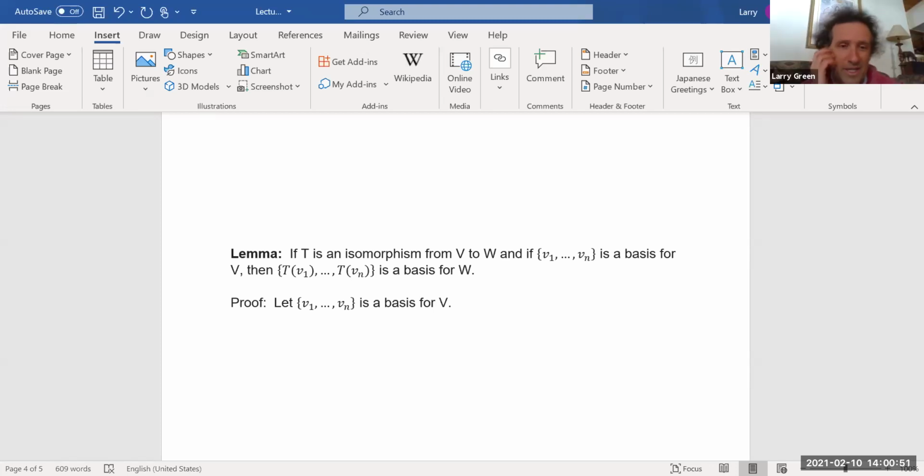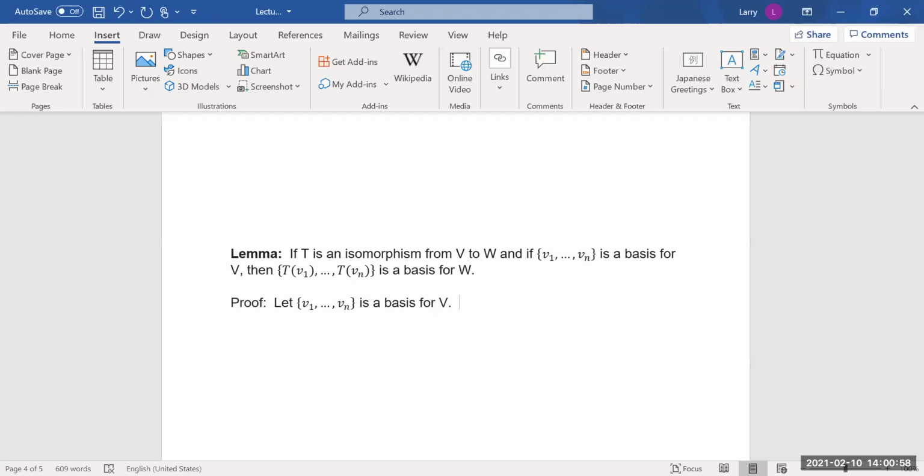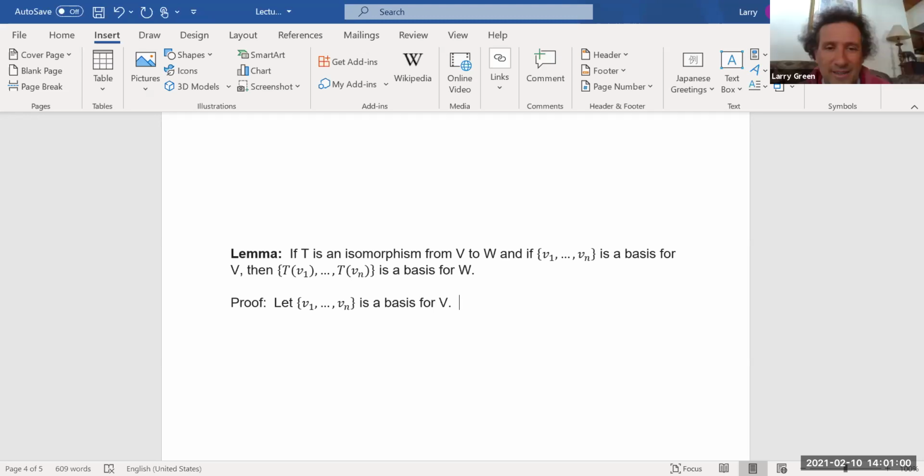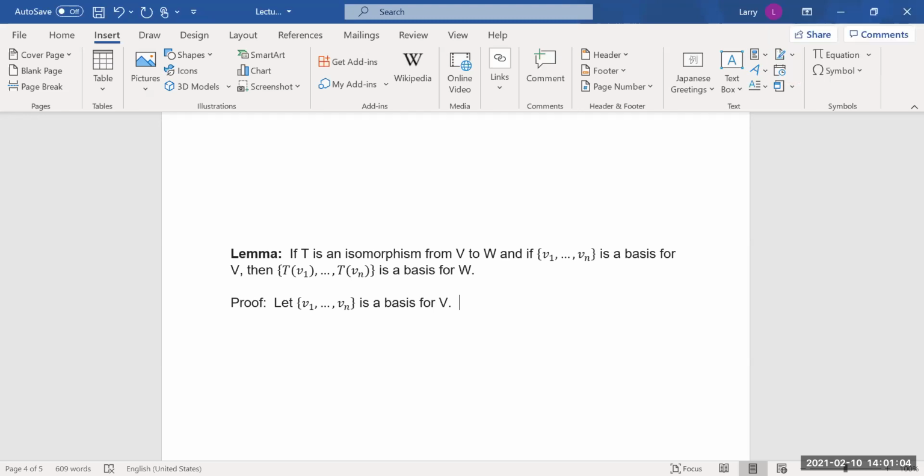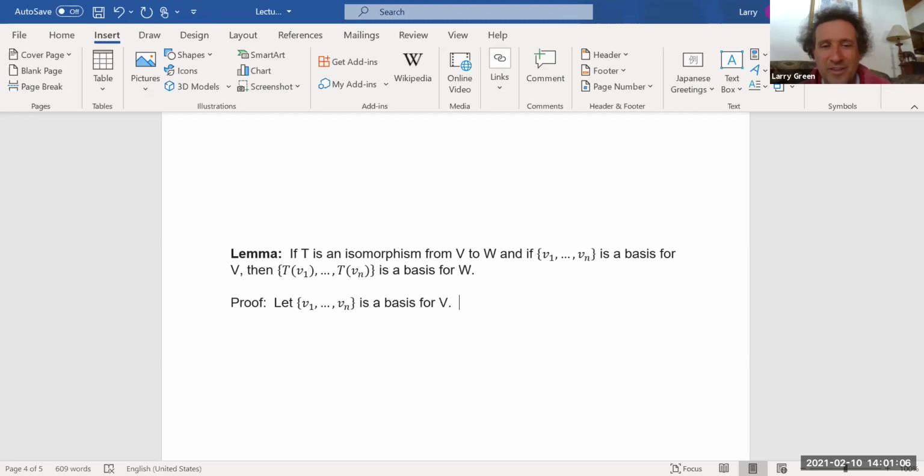Good. And what do you have to show something's a basis? It spans W. And? It's linearly independent. Exactly. Those are the two things you have to show it's a basis, except there's a theorem, and it has to do with counting the number of vectors.